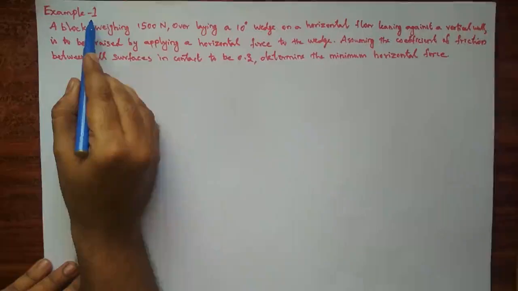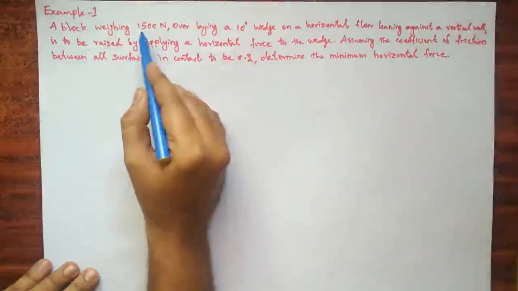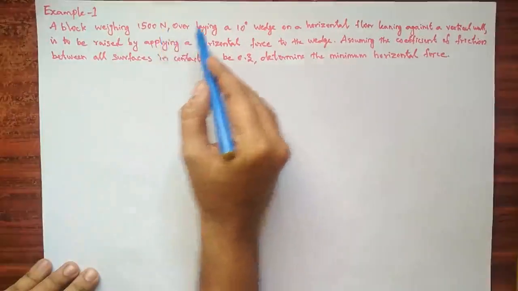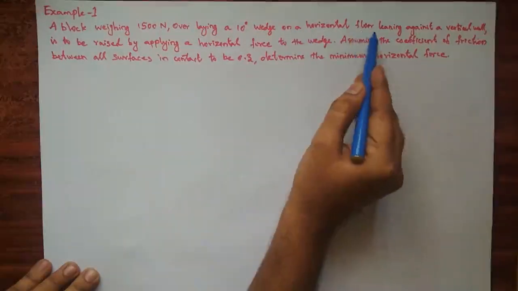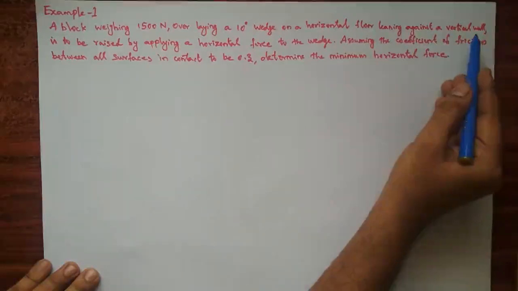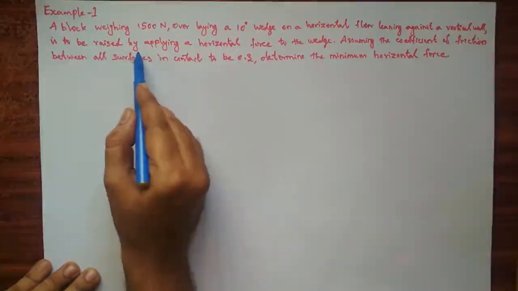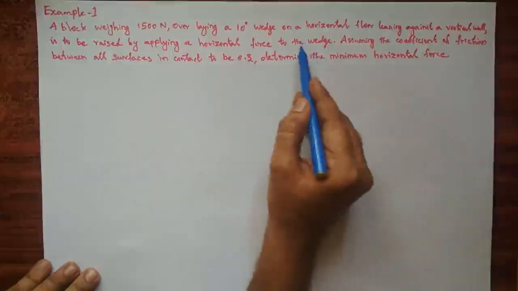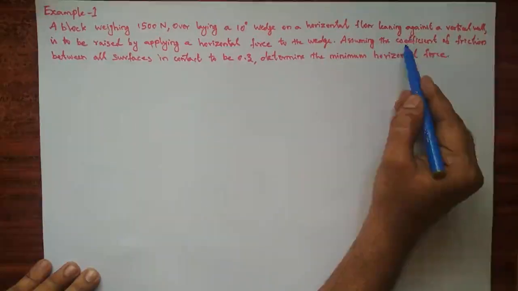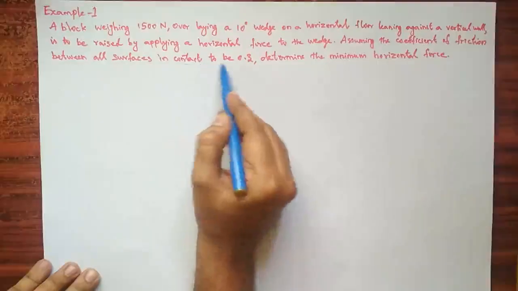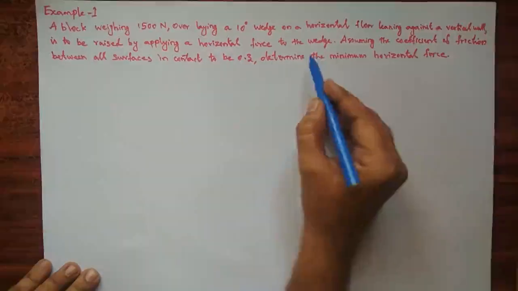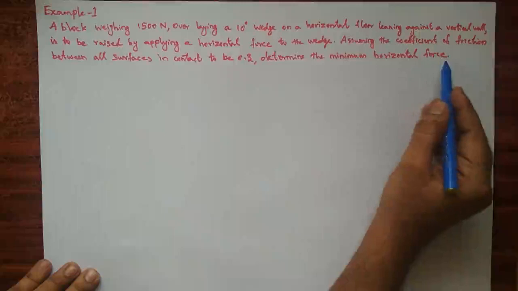Example number 1. A block weighing 1500 Newton overlaying a 10-degree wedge on a horizontal floor, leaning against a vertical wall, is to be raised by applying a horizontal force to the wedge. Assuming the coefficient of friction between all the surfaces in contact to be 0.3, determine the minimum horizontal force.